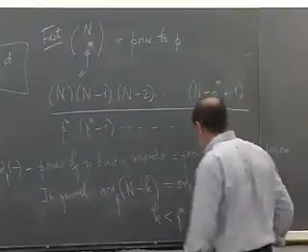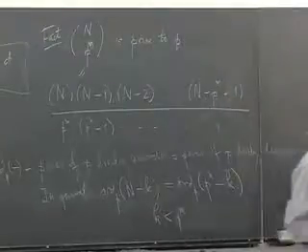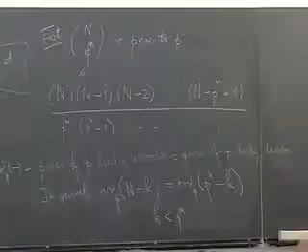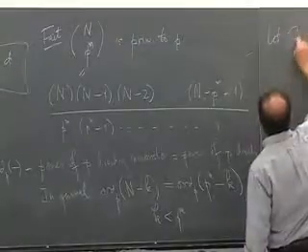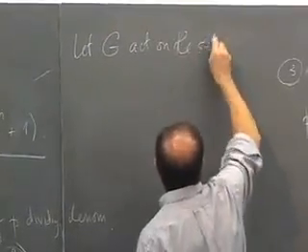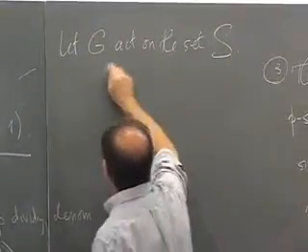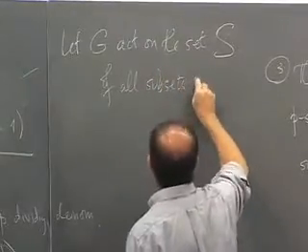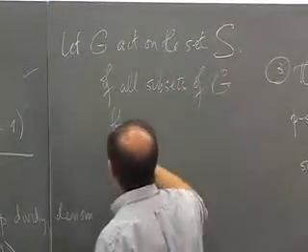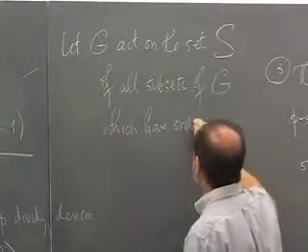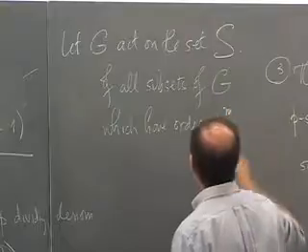Because what we do is we have the group act on a set which has this size. Let G act on the set, this is a weird set, S, of all subsets of G which have order p to the m.